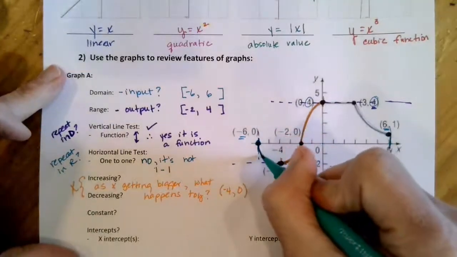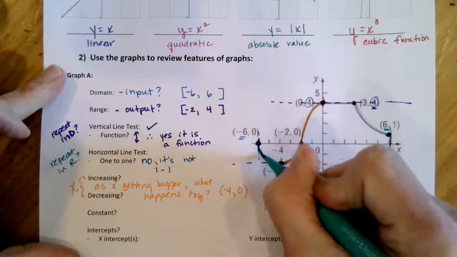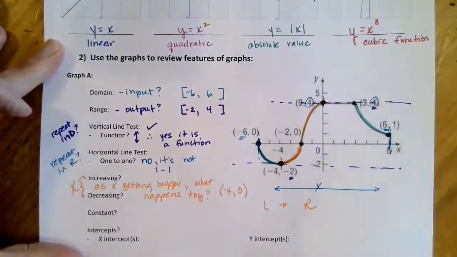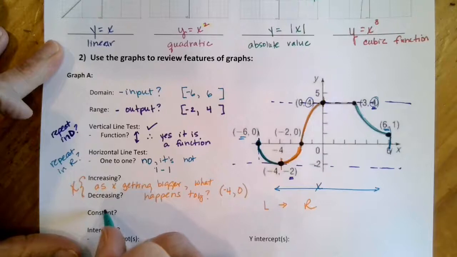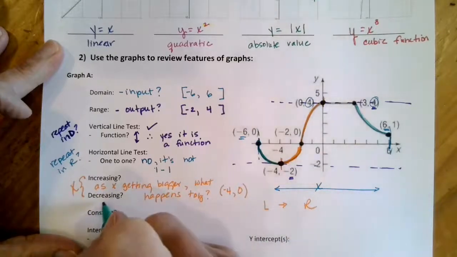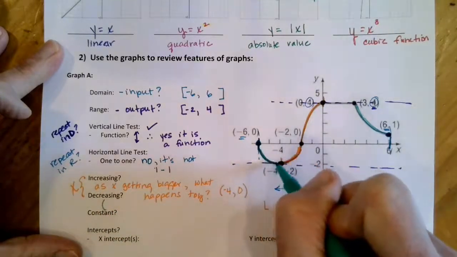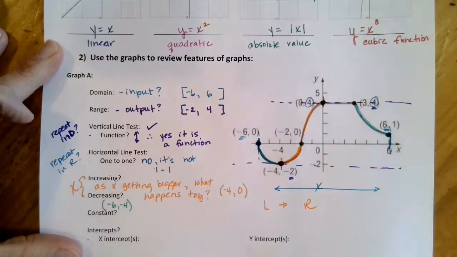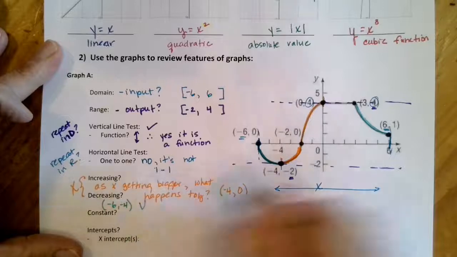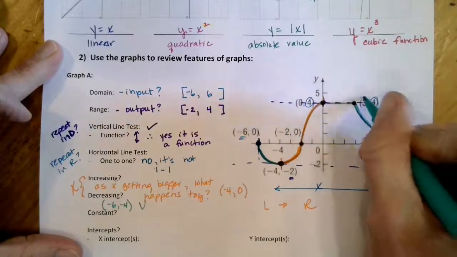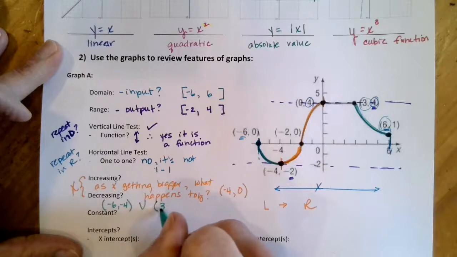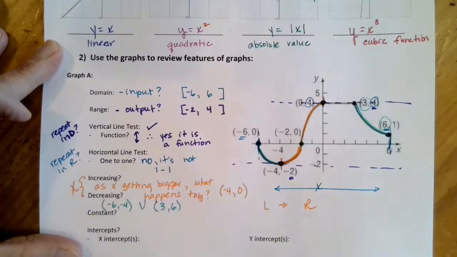And we'll do that again in a different color pen. See how it's getting smaller? So when we're talking about decreasing, I want to say that from -6 to -4, it's getting smaller. And it's also happening over here, and remember, we care about the x values from 3 to 6.